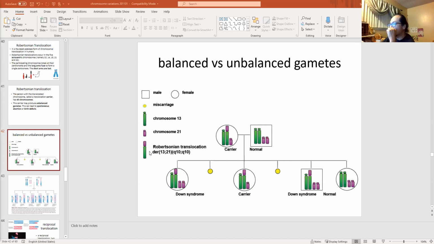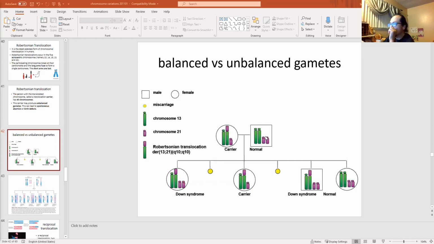So that's the derivative of the translocation of 13 and 21, the result of this connection at Q10, basically located at the long arm and the long arm. So that's this one here. This is chromosome 21, chromosome 13.